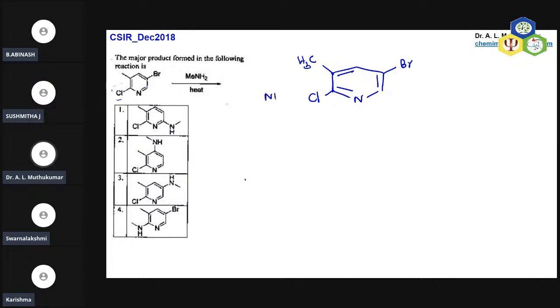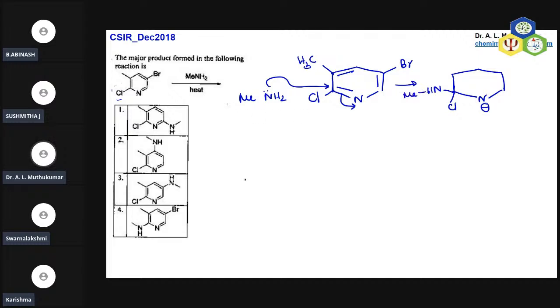So initially what is happening, this NH2 group from methylamine, this lone pair will be attacking at the C2 position of this one. So when it is attacking, this electron will be moving here. You have a minus charge. Here you have Cl. Here you have the introduced NHMe group.